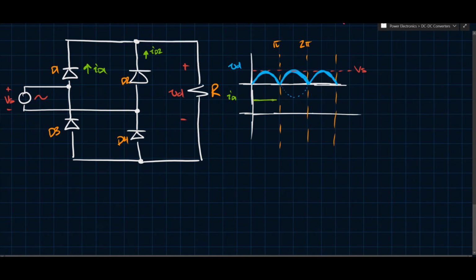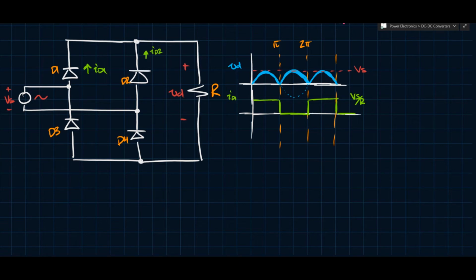So that means it conducts here, and it conducts here. And when it's not conducting, it's 0, obviously. So a non-conducting diode carries no current. And so it should be something like this. It should be a square wave. Okay? And the amplitude of this is obviously going to be Vs divided by R, right? So this is going to be Vs over R because this is a resistive load here.